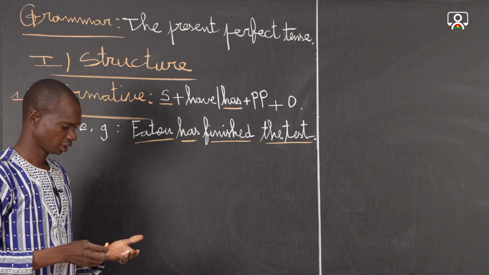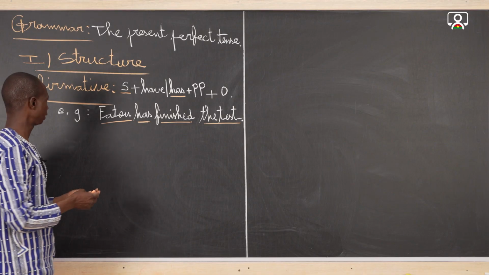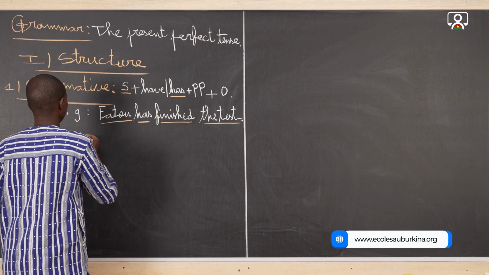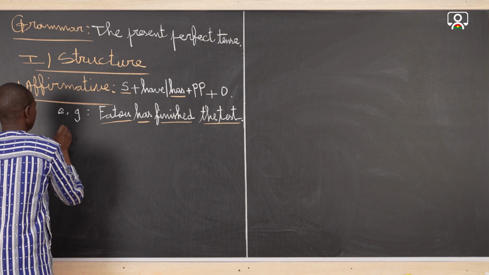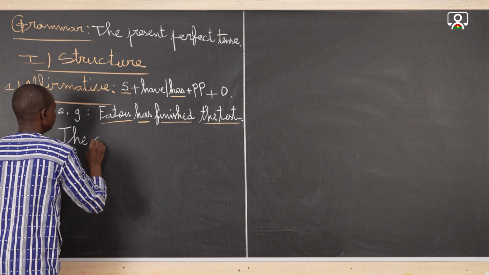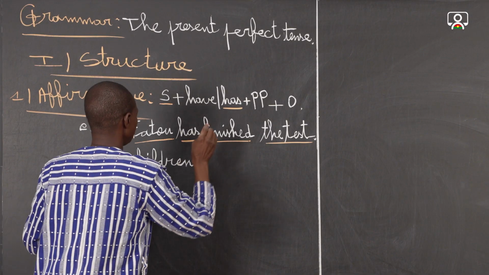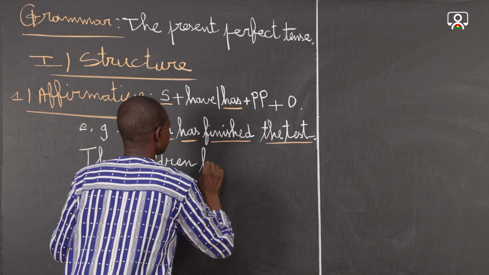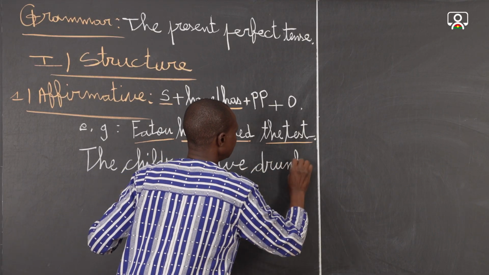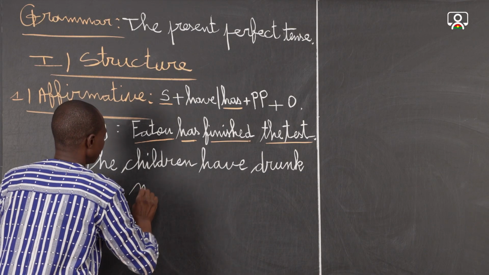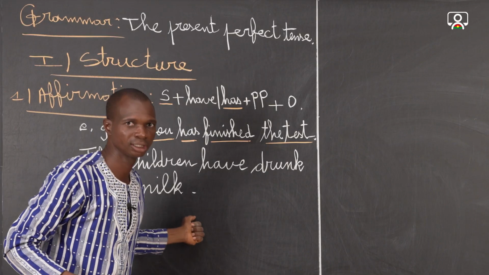Okay, let's give an example with an irregular verb. Okay, then let's say that the children have drunk milk. Children like to drink milk.